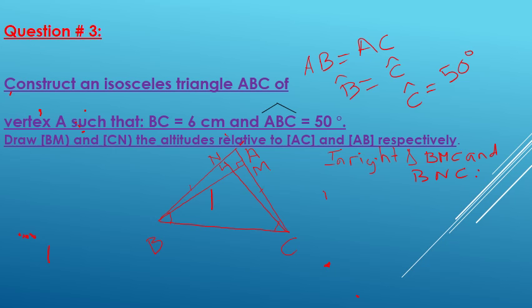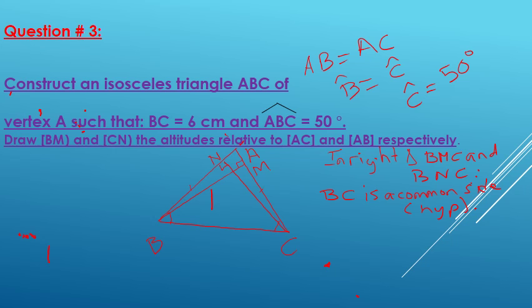First we have BC is a common side. What do we call this side? Hypotenuse.